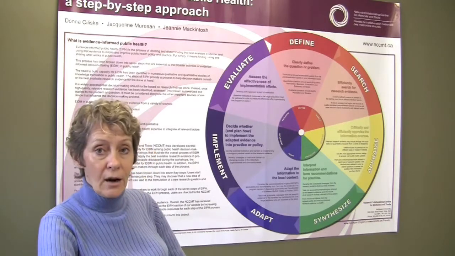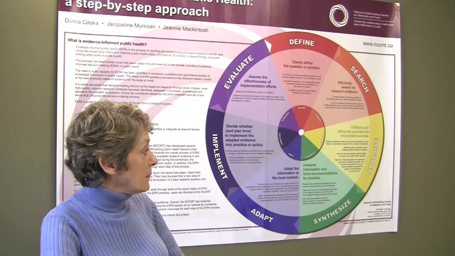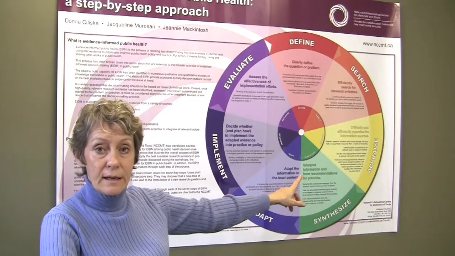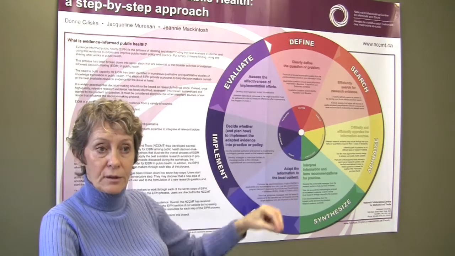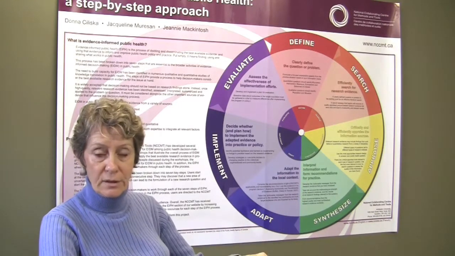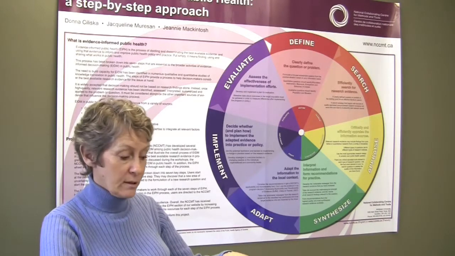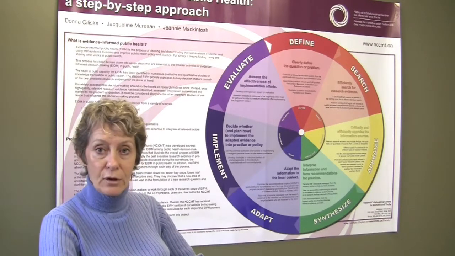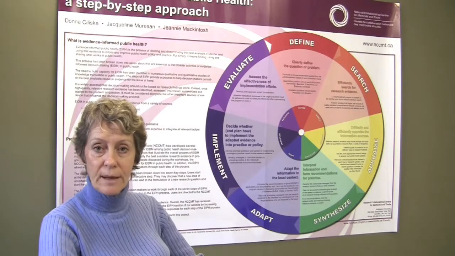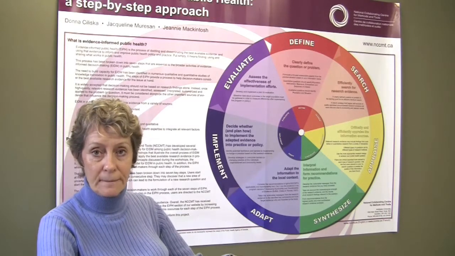There are also modules about the critical appraisal piece for actual intervention studies, individual studies, and a module about systematic reviews. So there are lots of other ways to increase your depth of knowledge about these interventions.